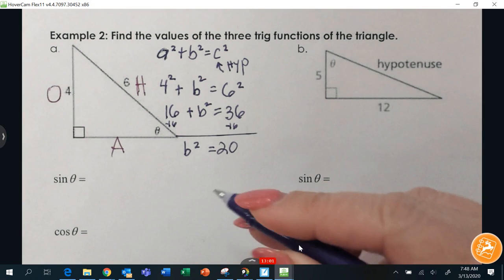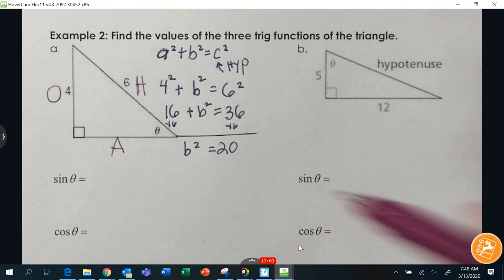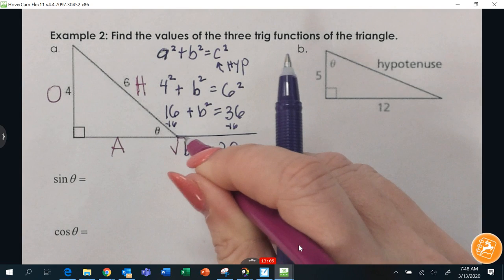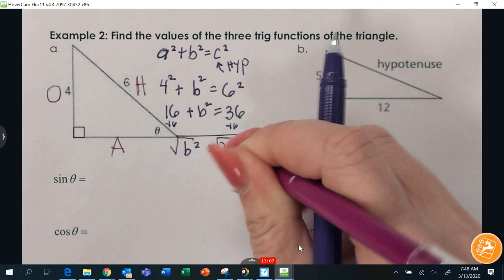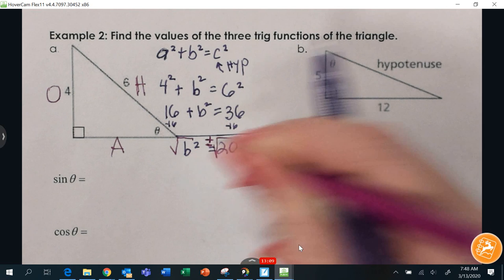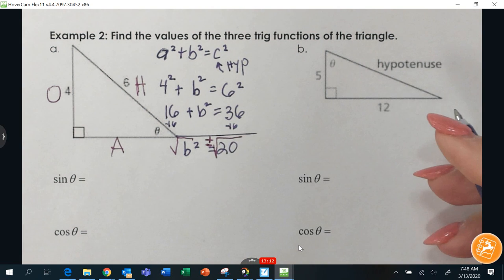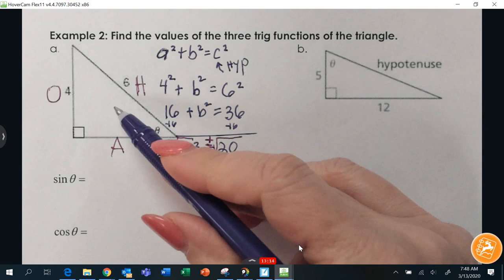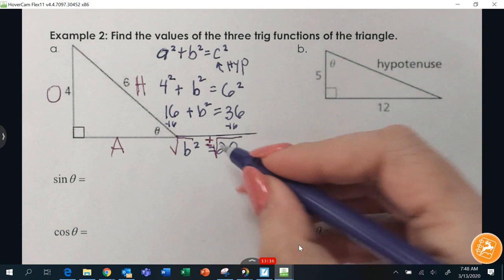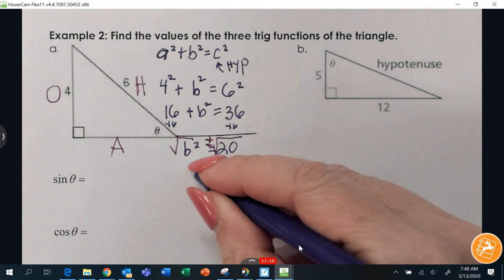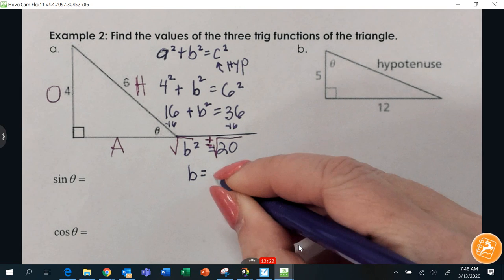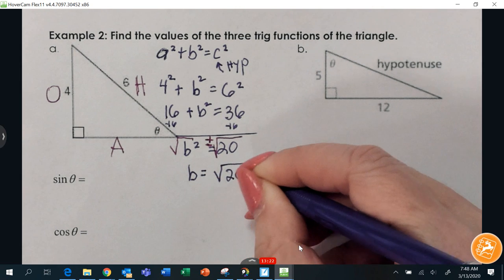To get B by itself, we have to square root. And if I square root, remember, we have to plus minus. But remember, since we're talking about an actual triangle, I can reject that negative. I just get square root of 20.